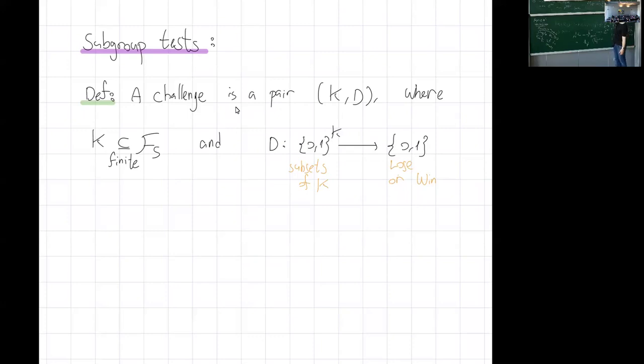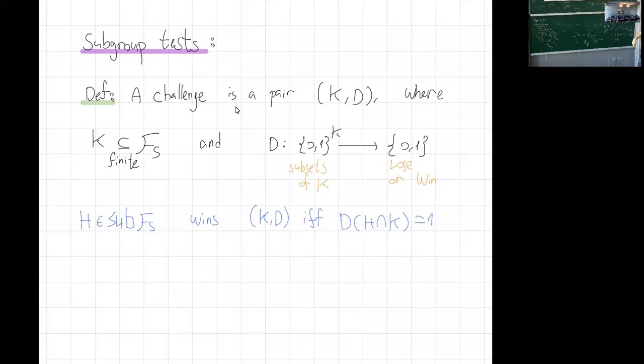So D is just a decision function. It takes a subset of K and gives me 0 or 1. And you should think of 0 as a losing condition and 1 as a winning condition. So this will define some interactive proof protocol. So this is the challenge: just a finite set of words and a function from subsets of these words to 0, 1, win or lose.